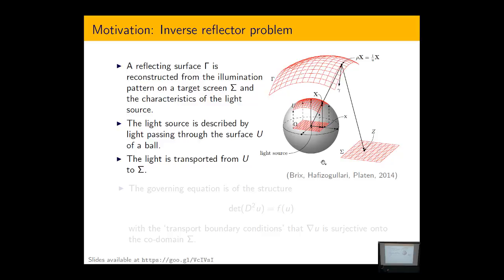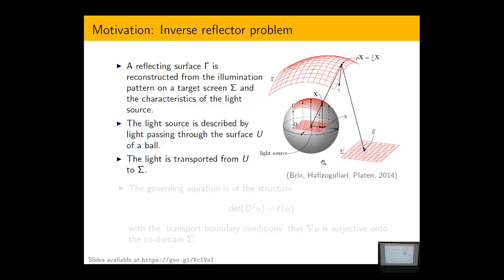We measure the intensity on the surface of the sphere to understand the directional features of this object. This light will then hit an unknown reflector and reach this target screen. We know how the light leaves the light source by looking at the sphere, and we also know the illumination pattern on this target screen. What we would like to compute is the geometry of this reflector.